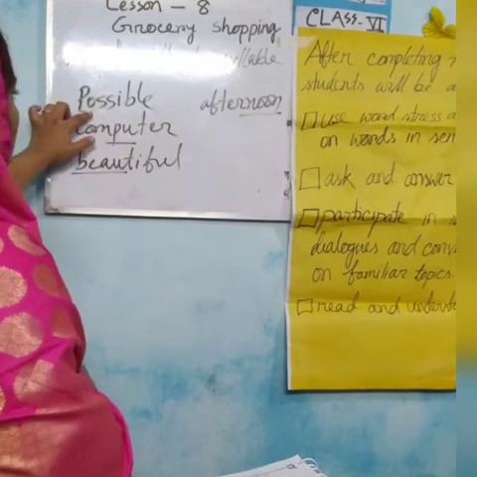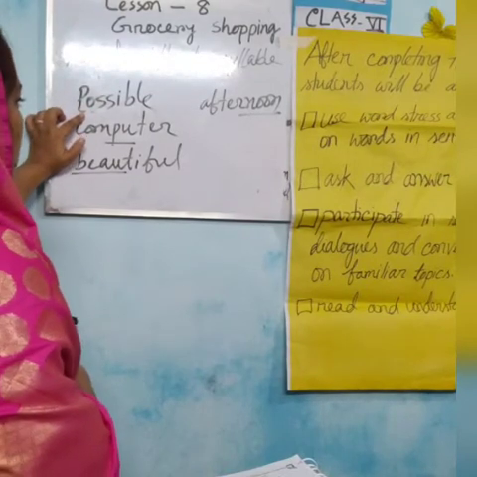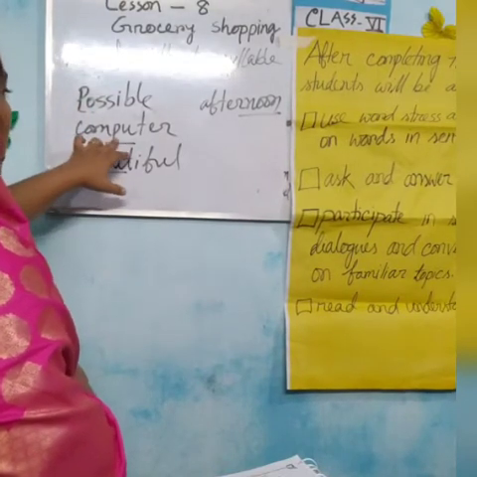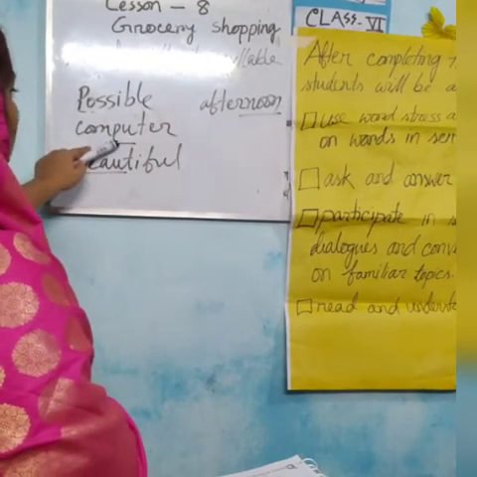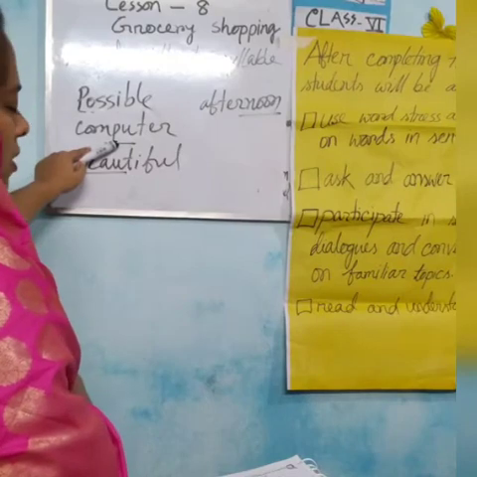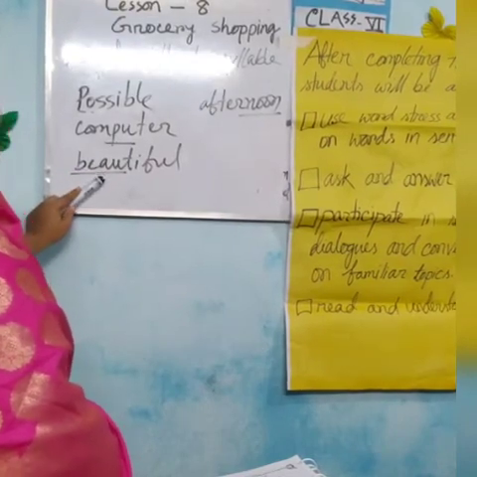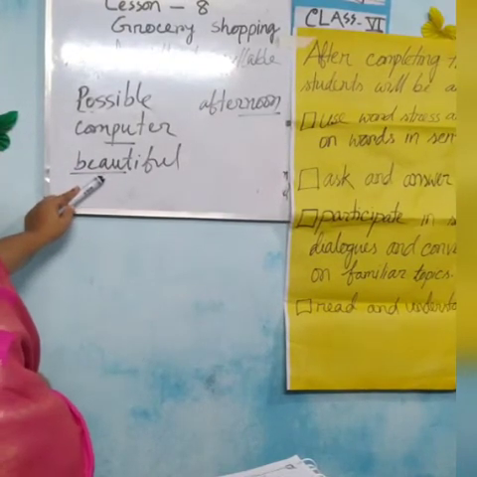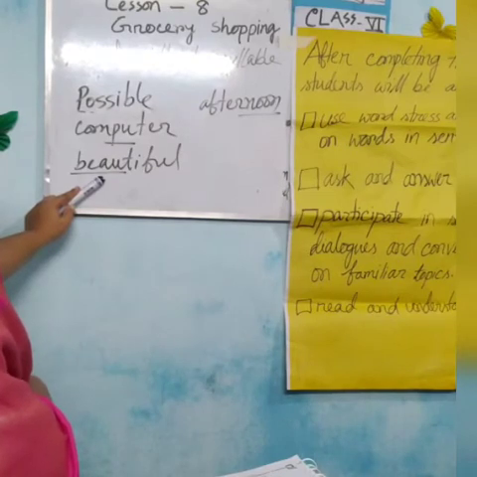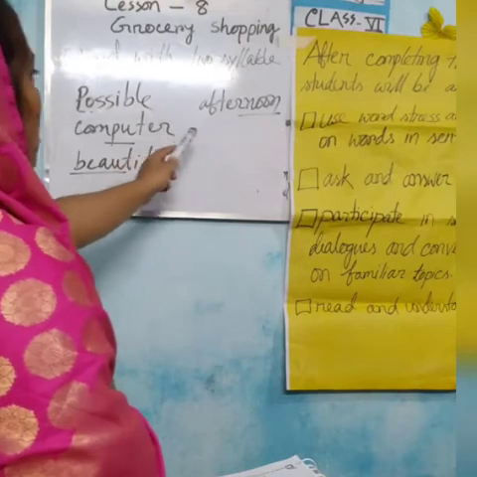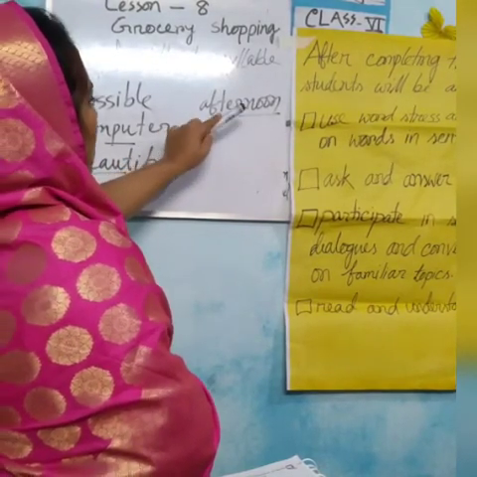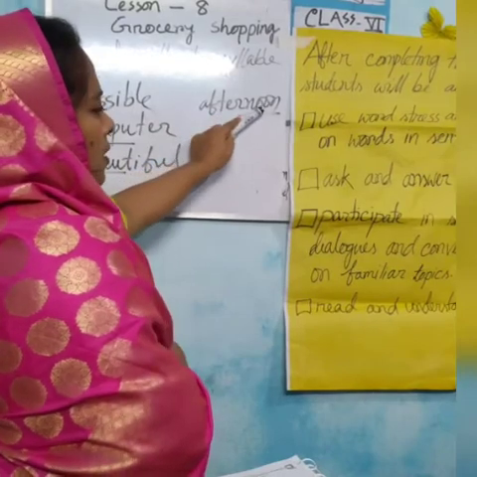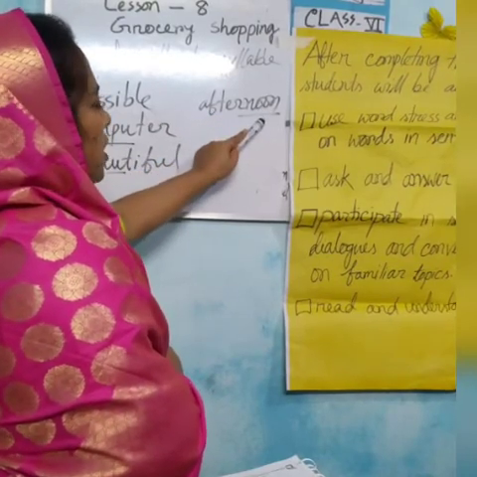Stress here is on the first syllable. We can find stress in the second syllable: computer. Then we can find stress in the first syllable: beautiful, beautiful. Then we can find it in the last one: afternoon. Here we can see the stress in the last syllable.